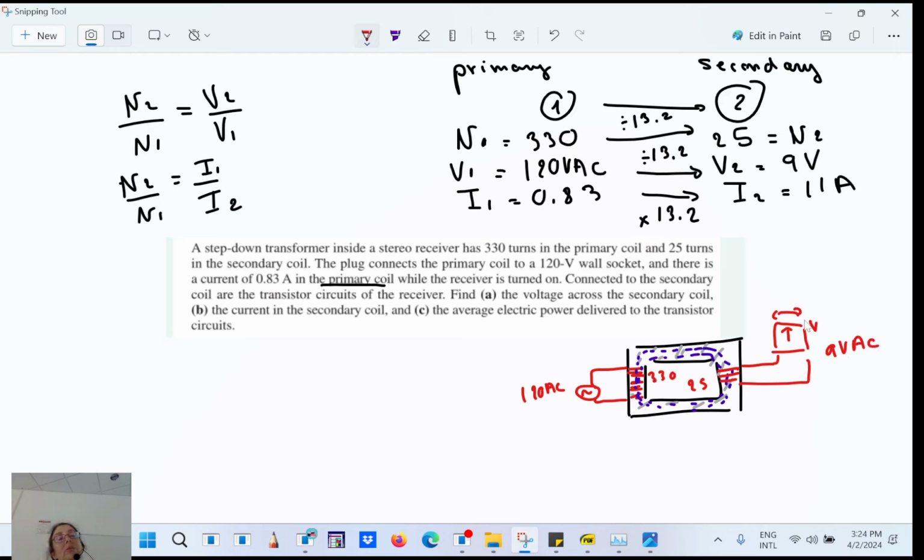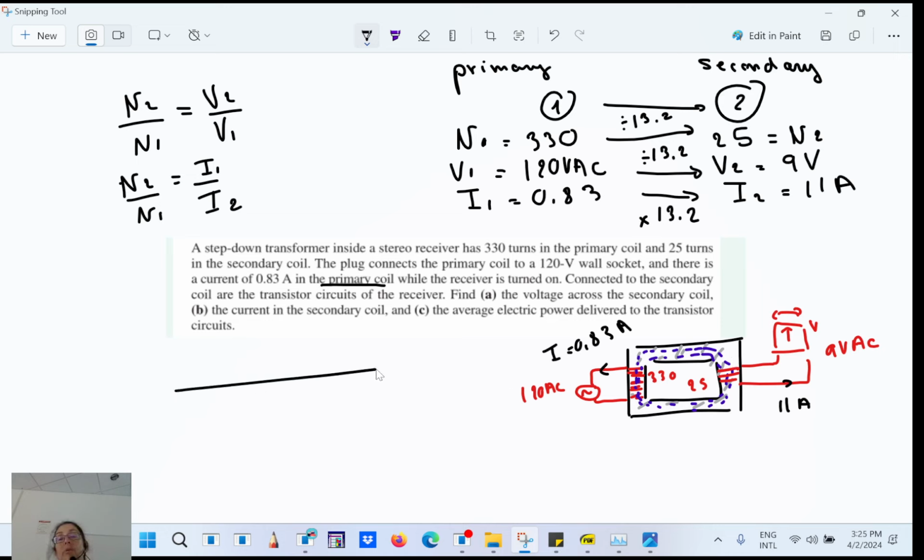Or you can connect that to a light bulb, for example. Is that clear? Now the current is flowing. Here, the current is going to flow back and forth. The current here is 0.83 amps. So the current there would be 11 amp. And it's AC current, okay? It's going to flow back and forth. Is that clear?